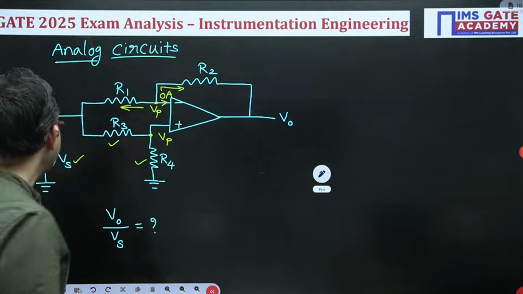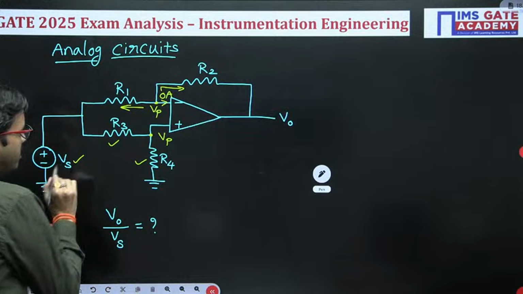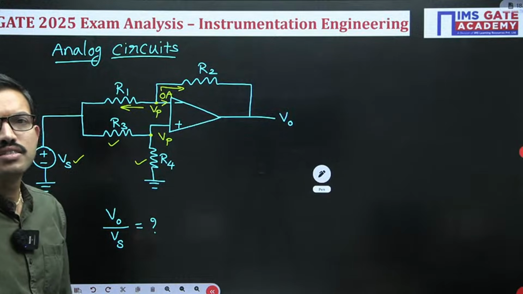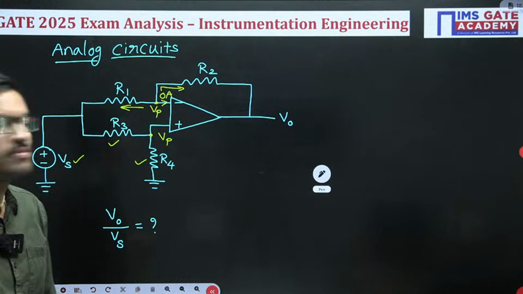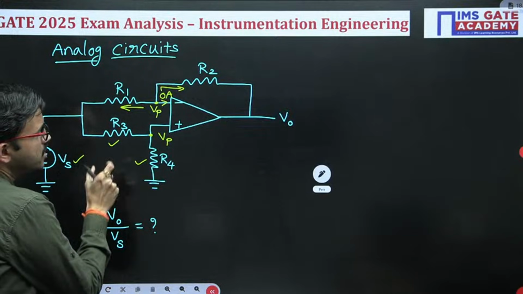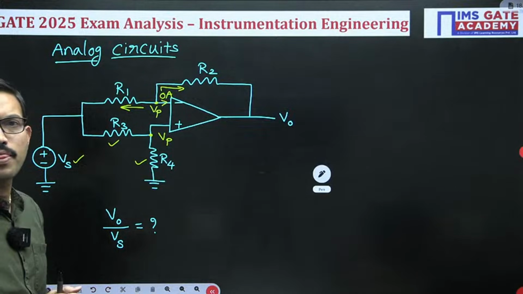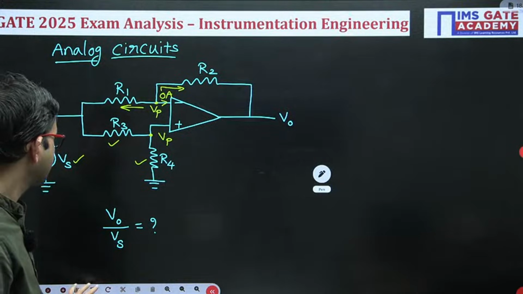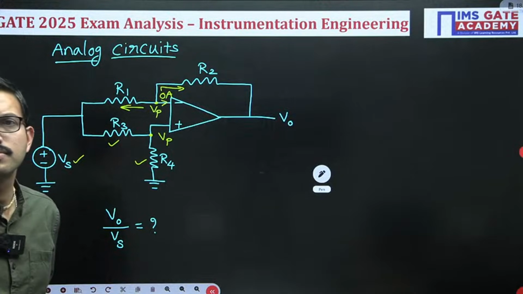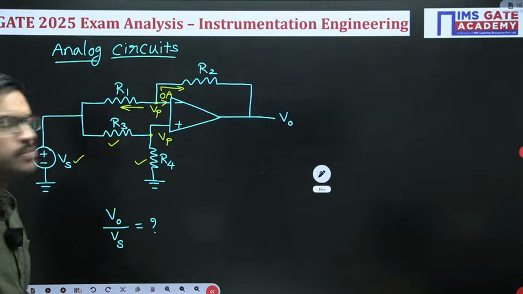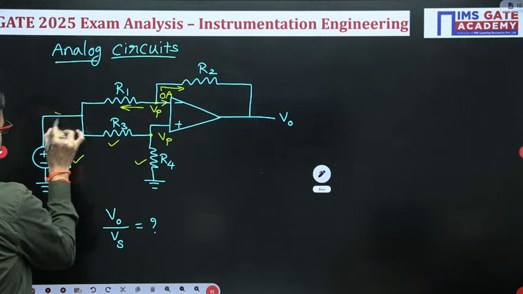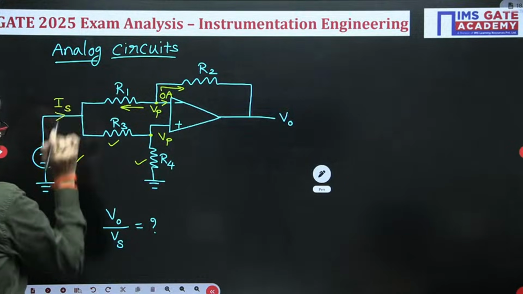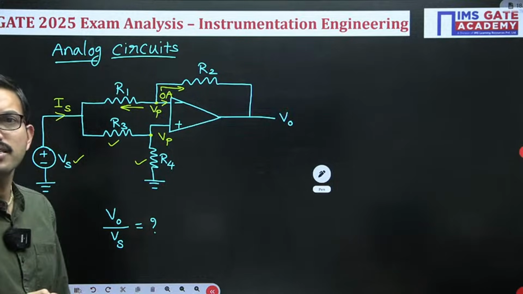yeah, V is Vs, okay, fine. V is Vs. Then current is in which branch it is flowing. I is the input current, okay, fine. So that means this particular current, Is, so Vs by Is, correct?